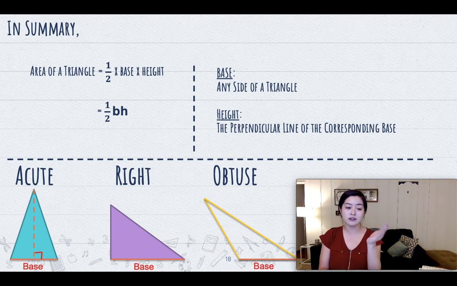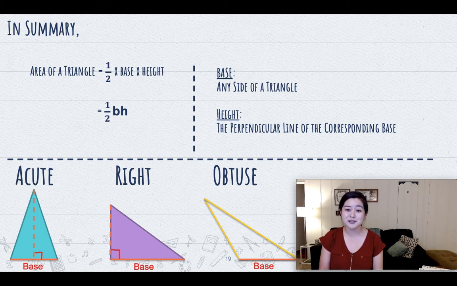And so here, there is the height. And you can see it's a height because it's perpendicular to the base, and it also touches the highest vertex of the triangle.